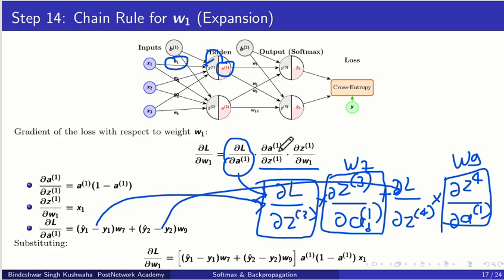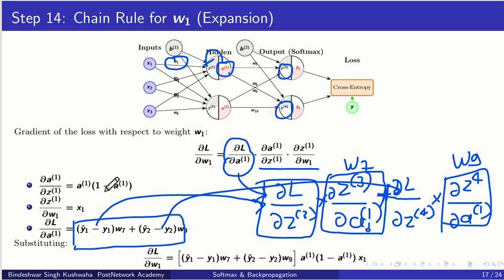You can see that Z4 is also a function of A1 and Z3 is also a function of A1. Both depend on A1, so we have to add. And finally we will get this one.